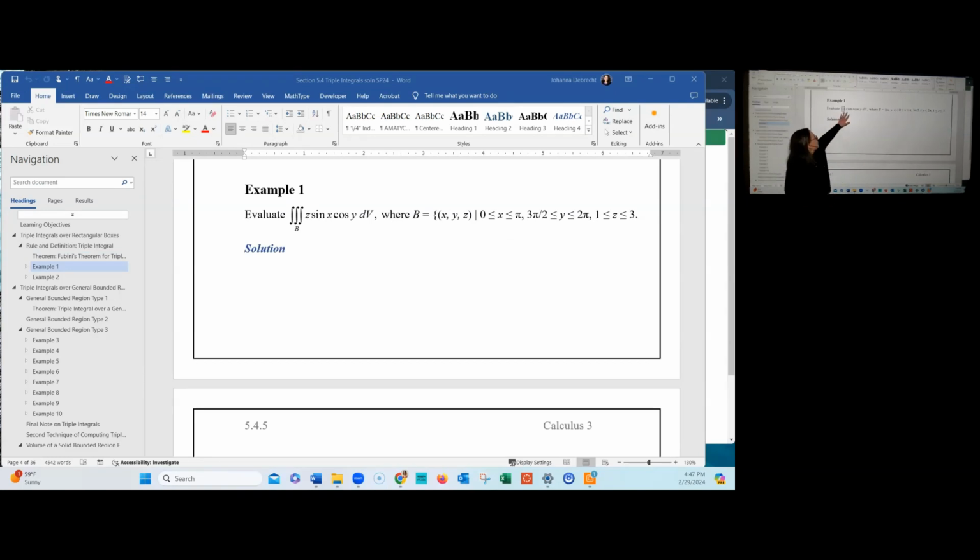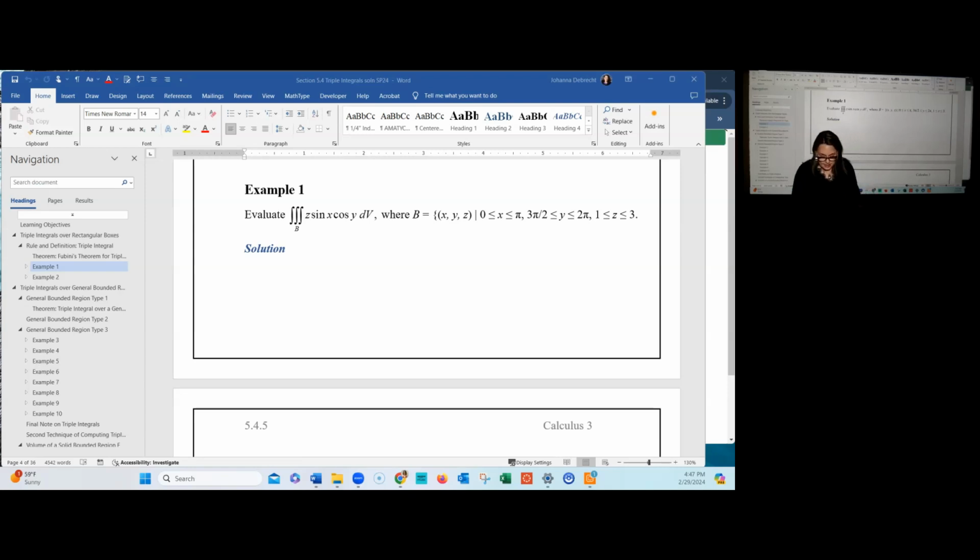In example 1, we want to find the triple integral of the function z sine x cosine y with respect to the volume differential dV over a box B, where on the box x is between 0 and pi, y is between 3 pi over 2 and 2 pi, and z is between 1 and 3.